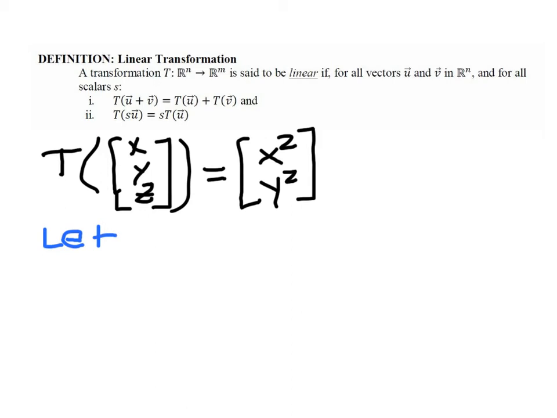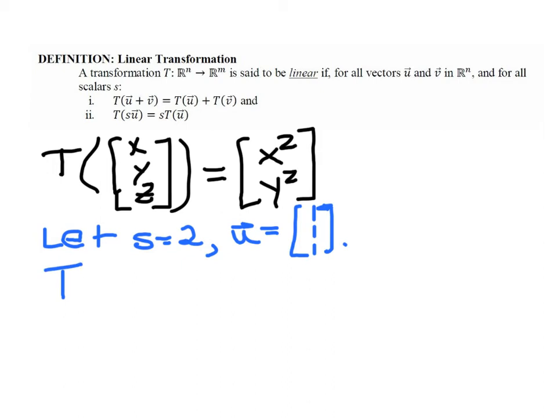You cannot use a specific example to prove a general statement like T is linear. But to disprove it, let's let the scalar equal 2, and let the vector u be the three-dimensional vector 1, 1, 1, just to keep this fairly simple.